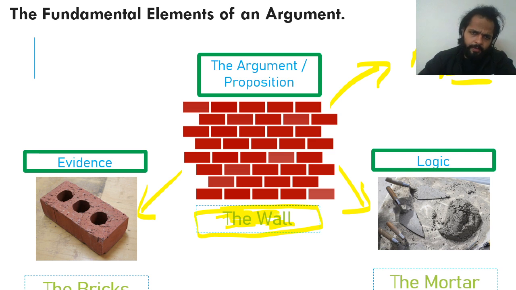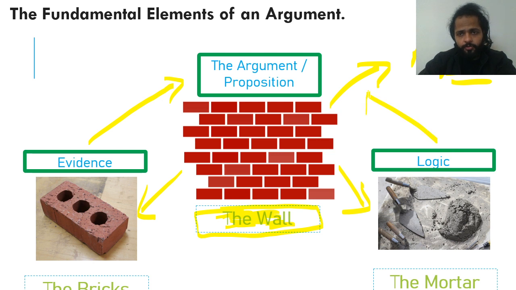Similarly, in the analogous paradigm of an argument, where your argument is serving as the wall, the function that bricks do for a wall is done by evidence or data for your argument. And the function performed by the mortar for your wall is performed by the logic that you use in your argument.